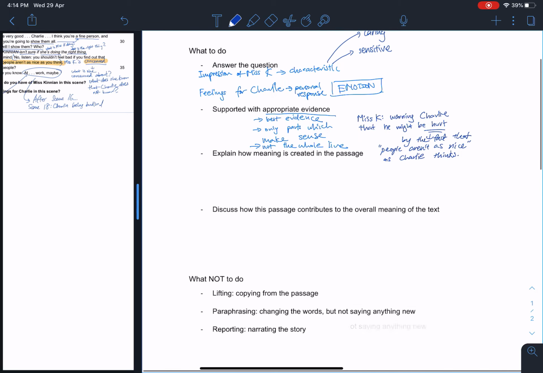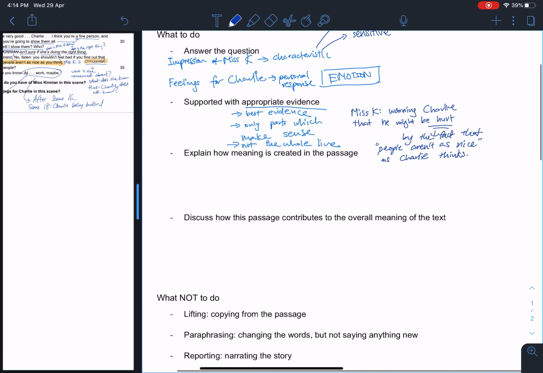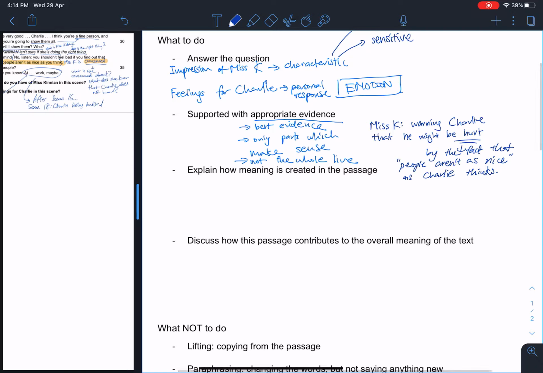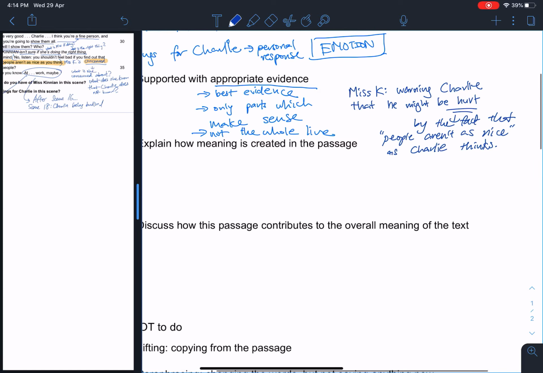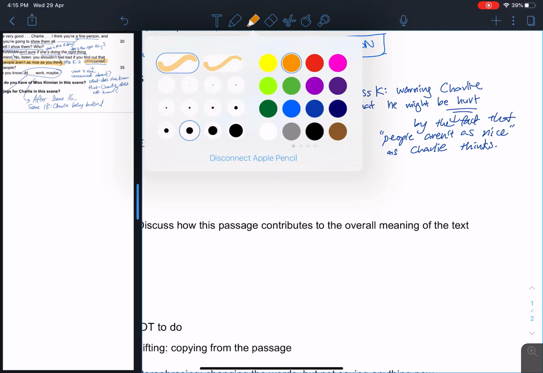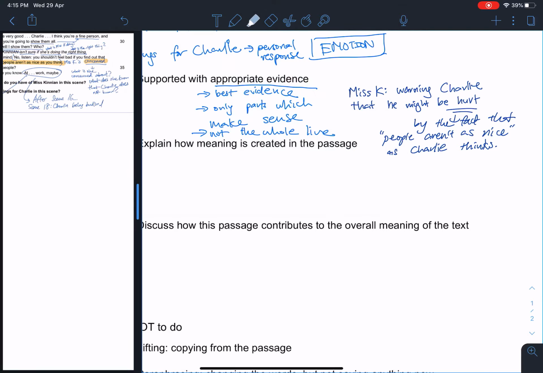Now I have this idea that people aren't as nice as Charlie thinks, and why is this important? How do I explain this? Do I repeat myself and just say Miss Kenyon is concerned that Charlie is going to be hurt? No. People aren't as nice as Charlie thinks. This is the idea that I want to use to show that Miss Kenyon is very caring, right?